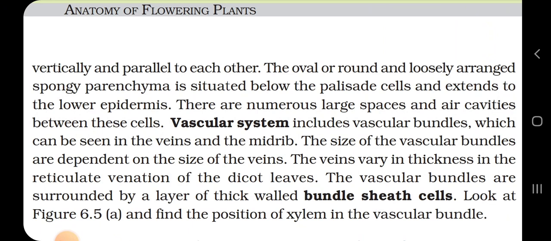Vascular system includes vascular bundles, which can be seen in veins and the midrib. The size of vascular bundles depends on the size of the veins. The veins vary in thickness in the reticulate venation of the dicot leaves. The vascular bundles are surrounded by a layer of thick-walled bundle sheath cells. Look at Figure 6.5a and find the position of the xylem in the vascular bundle.